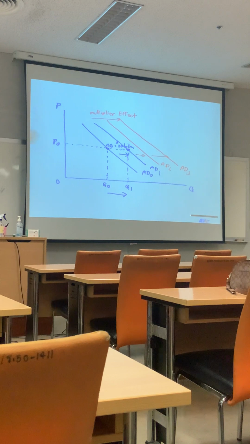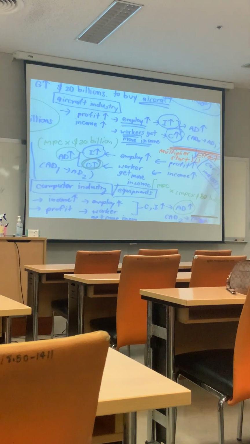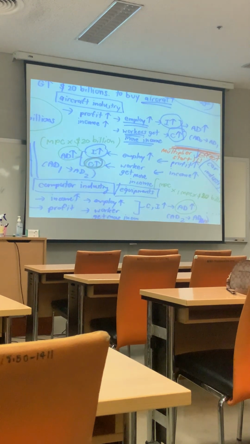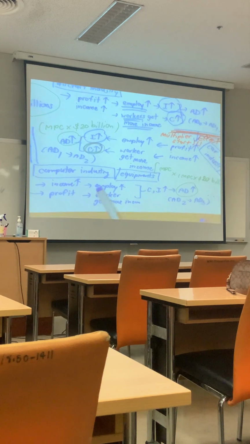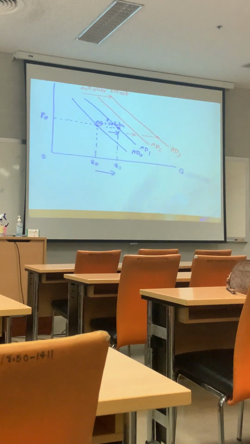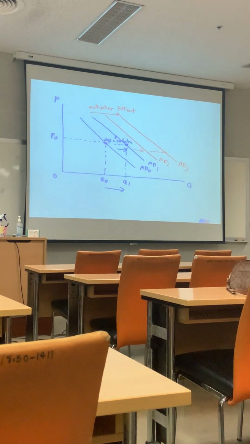So that is addition, one time. And then after that, the multiplier takes effect: the money goes to the car industry, people in this industry spend more, addition, second time, and it goes to another industry, and addition, third time. So you just explain the same. The multiplier will affect further.